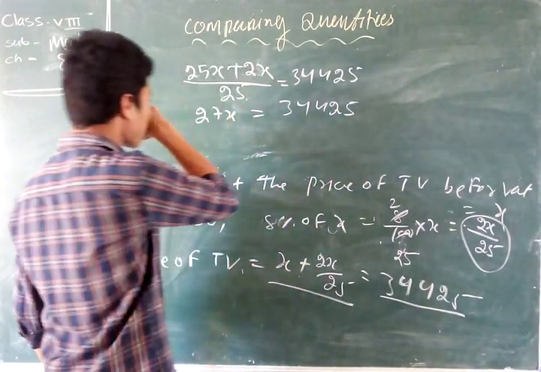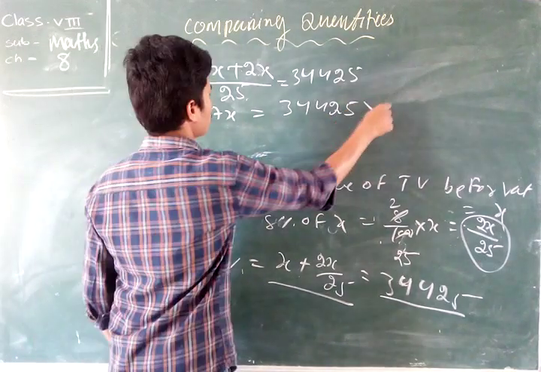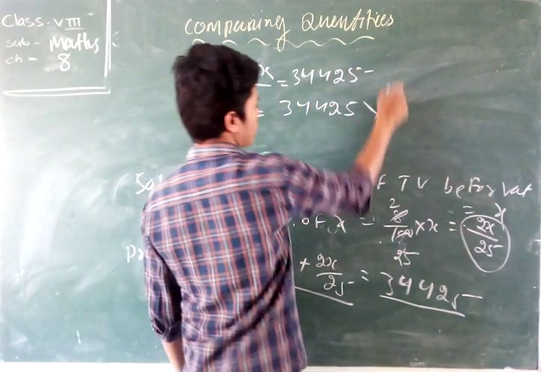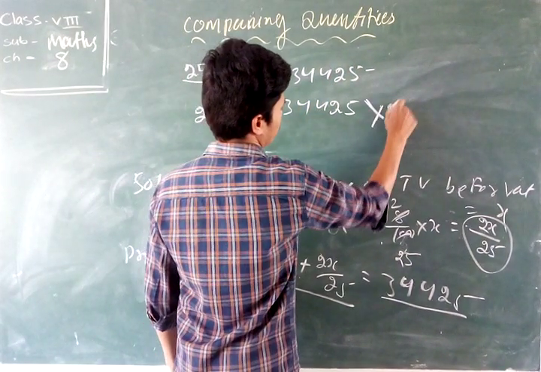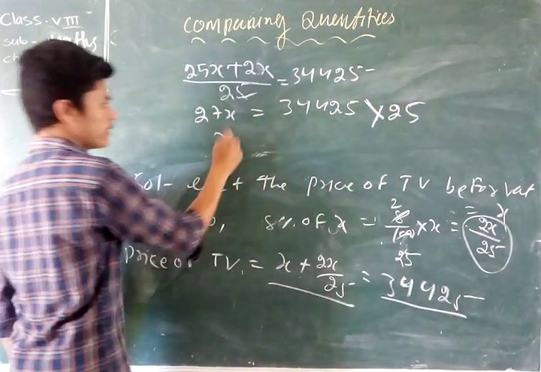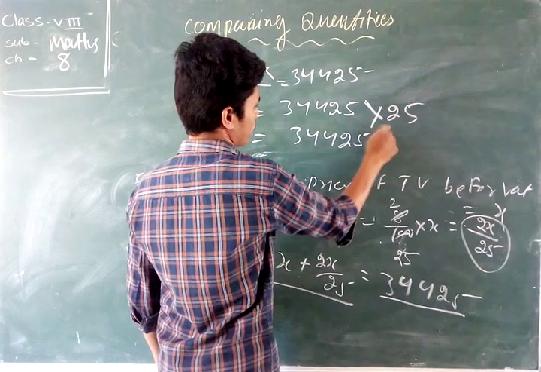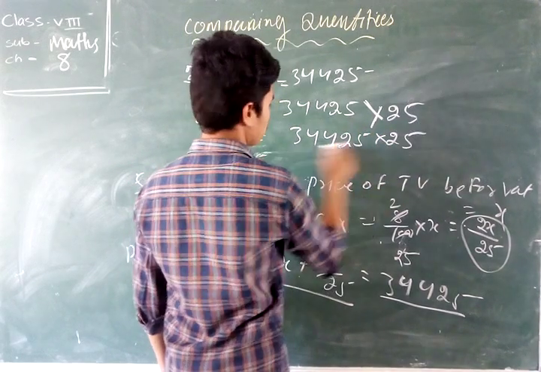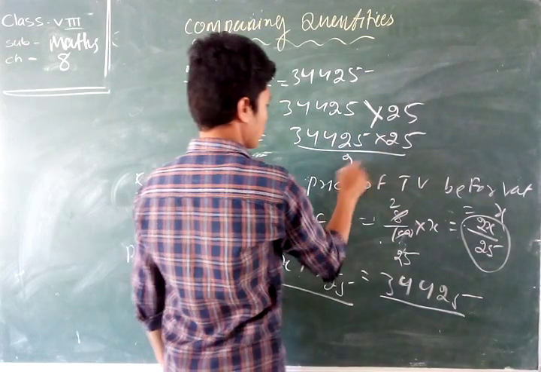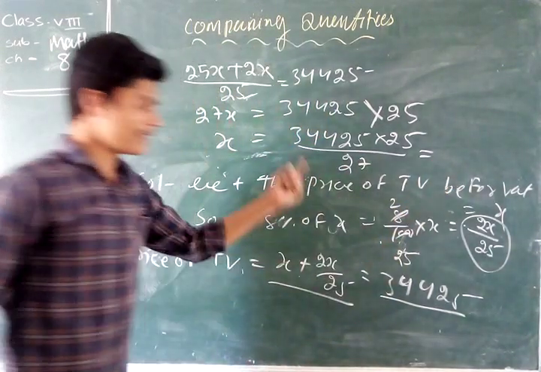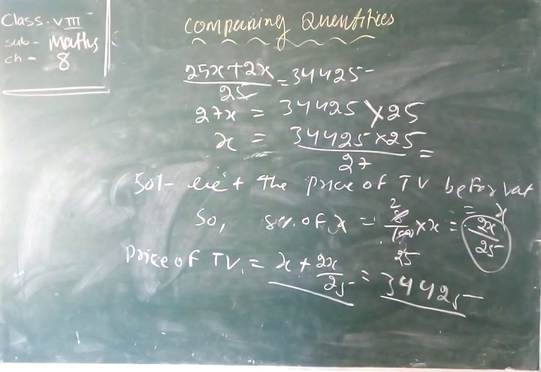Okay. The 25 is transferred to the right side, multiply by 25. Here x equal to 34,425 into 25 by 27. We reduce it. Okay. Then what is the answer?